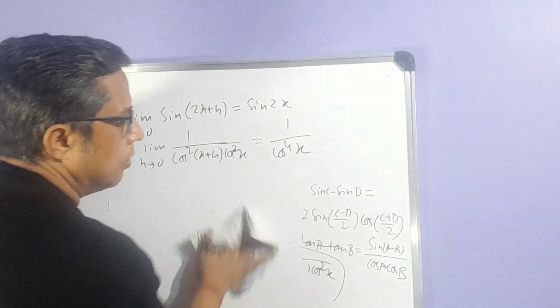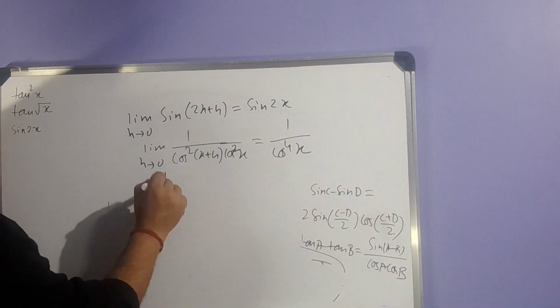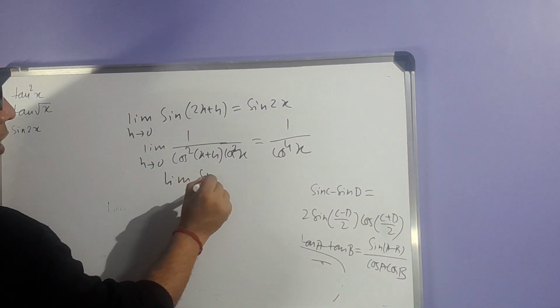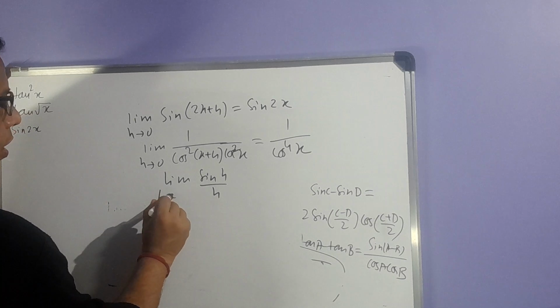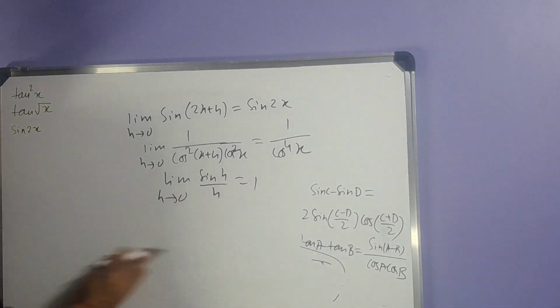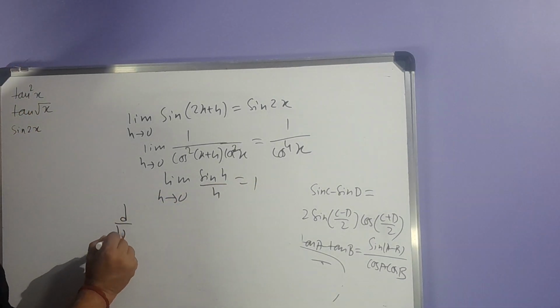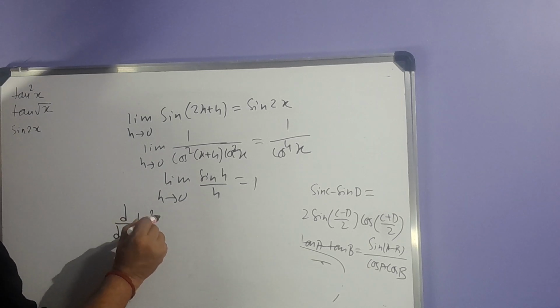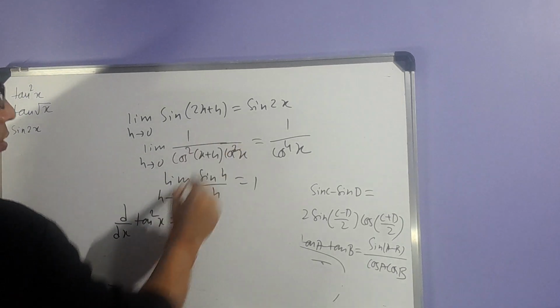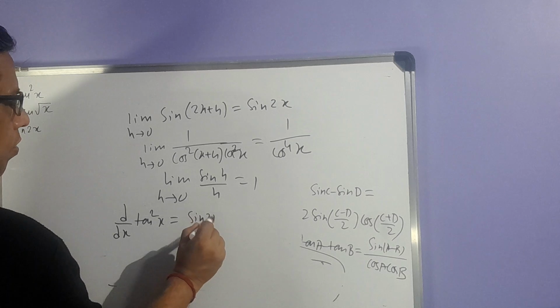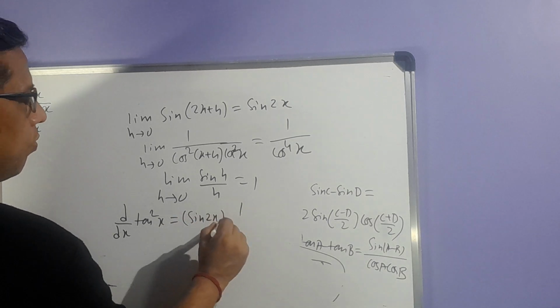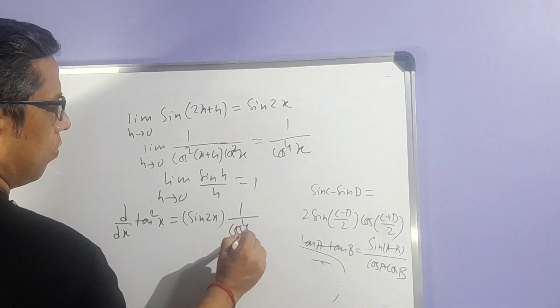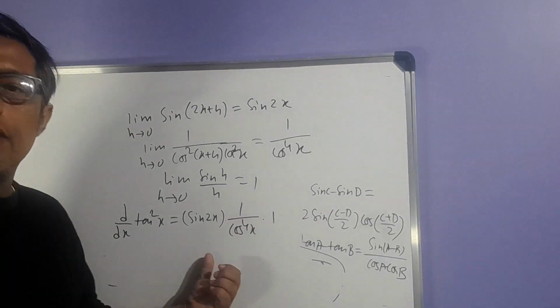And limit sin h by h as h tends to 0 is 1. So if we add together, what's coming? d dx of tan square x is equal to sin 2x into 1 by cos to the power 4x into 1.